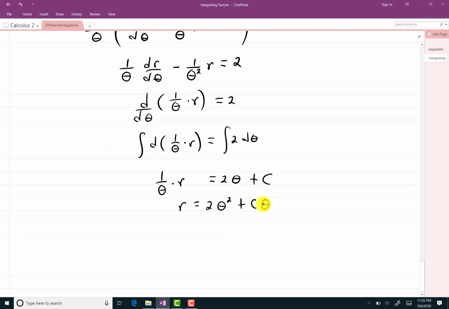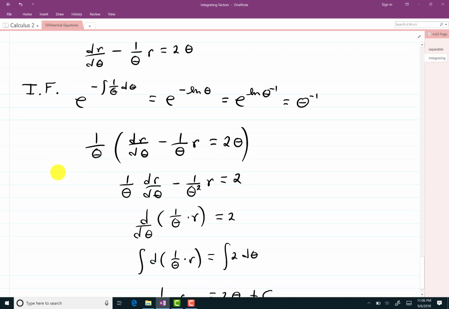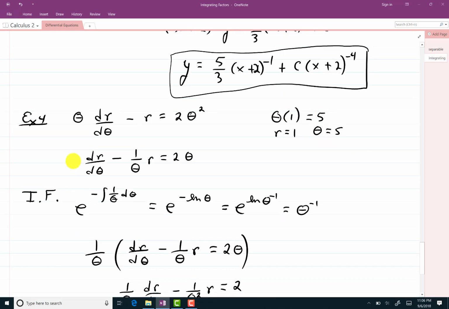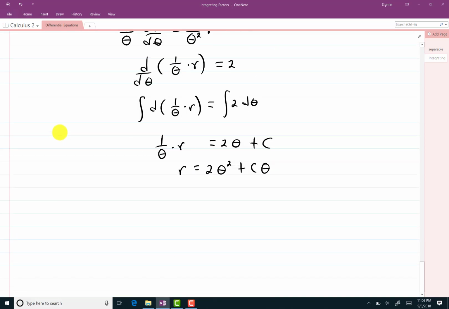Now, I would be done normally, except I was given an initial value. Let's go back and find out what that was. The initial value is here. Theta of 1 equals 5, or r equals 1, theta equals 5.